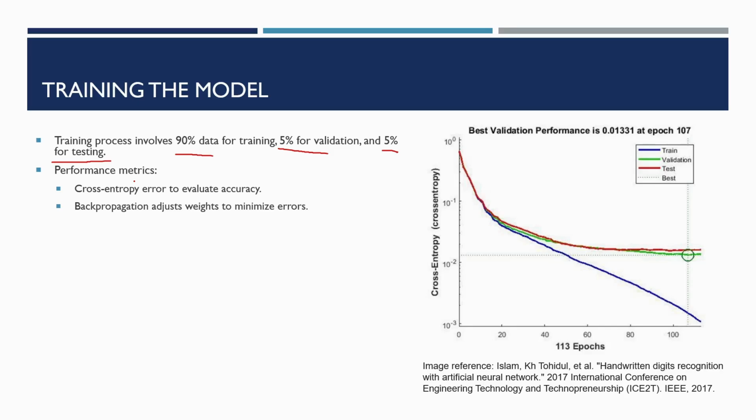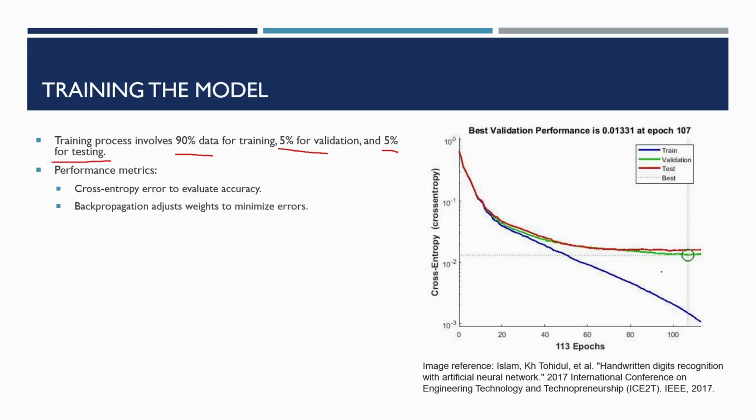The confusion matrix is discussed in the next slide. The network minimized cross entropy error to improve accuracy, a method often used to measure prediction error in classification tasks. During training, the model adjusted its weights to reduce this error over multiple epochs, achieving optimal performance after 107 epochs.